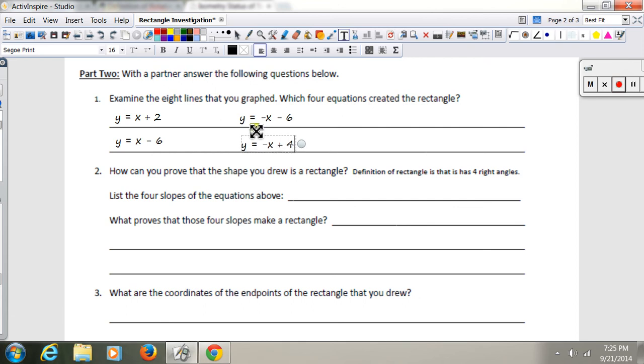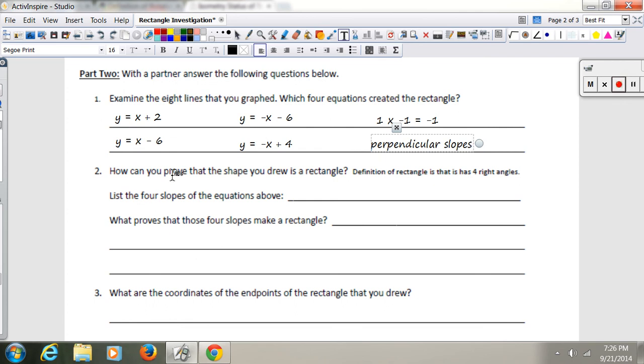And I'll put these two underneath each other because these both have a -1 slope. And if you were to multiply the slope of the first one times the slope of the second one, you would get -1. And slopes that multiply and equal -1 are always perpendicular. So these two lines are perpendicular to these two lines. So that's what makes our rectangle.